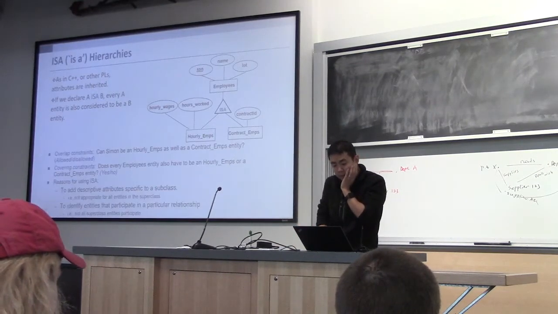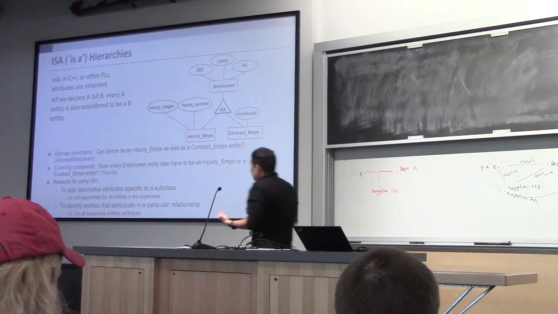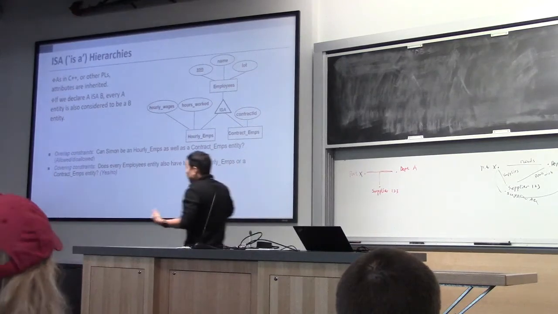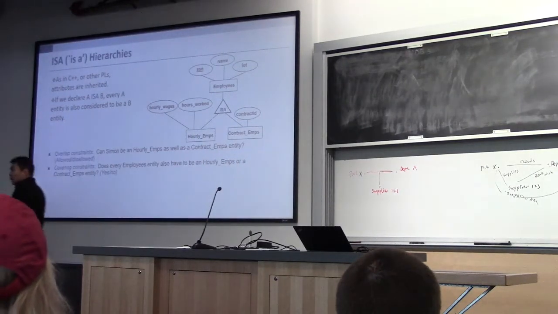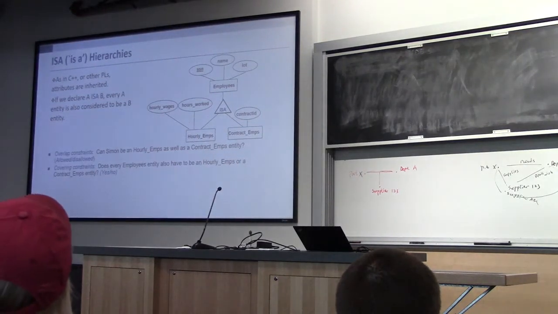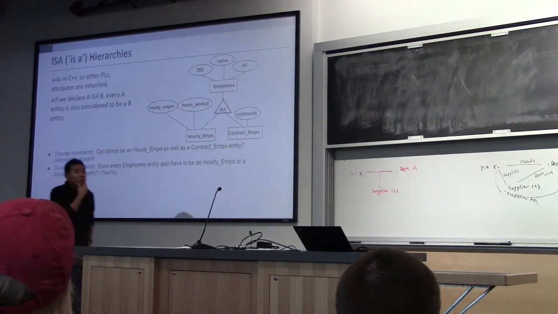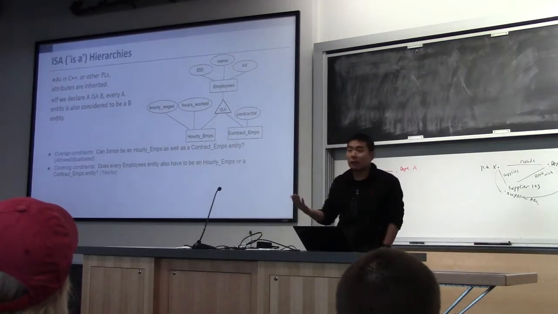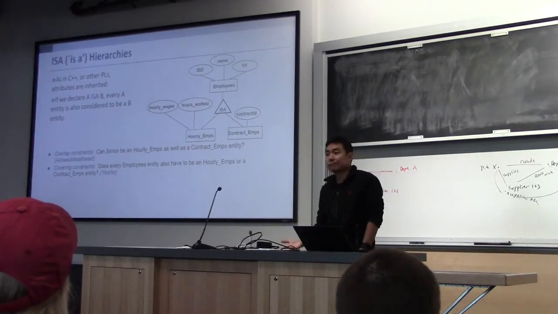Okay. So there are two types of constraints we want to clarify or add to a hierarchical design. One is called overlap constraint, meaning can somebody be our hourly employee and at the same time a contract employee.